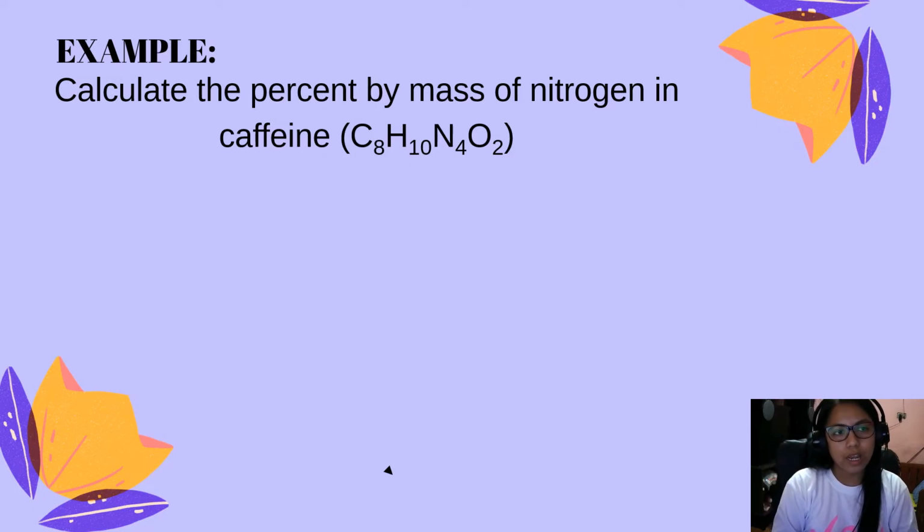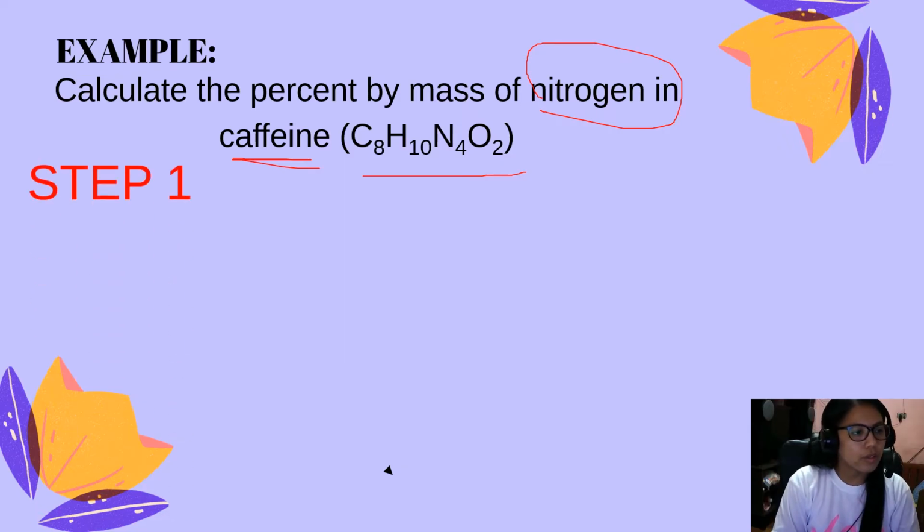May mga problem na isa lang na element ang hahanapan ng percent by mass o ng composition. So, kailangan i-analyze natin ang problem. So, in this example, you're going to calculate the percent by mass of nitrogen only. Okay po? Ayan. Nitrogen lamang ang hahanapin natin sa compound na C8H10N4O2 o in short, caffeine.